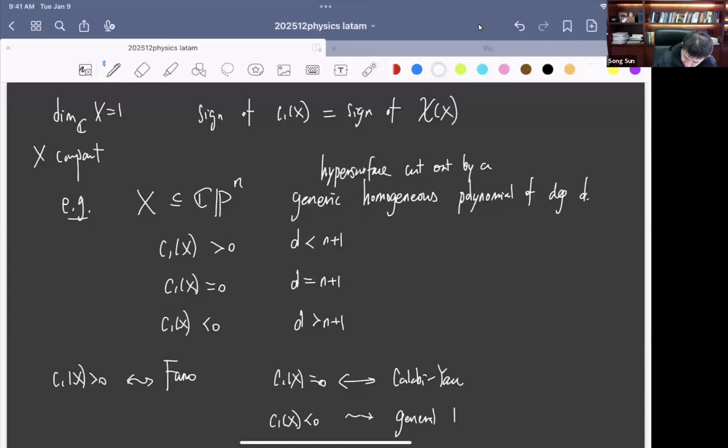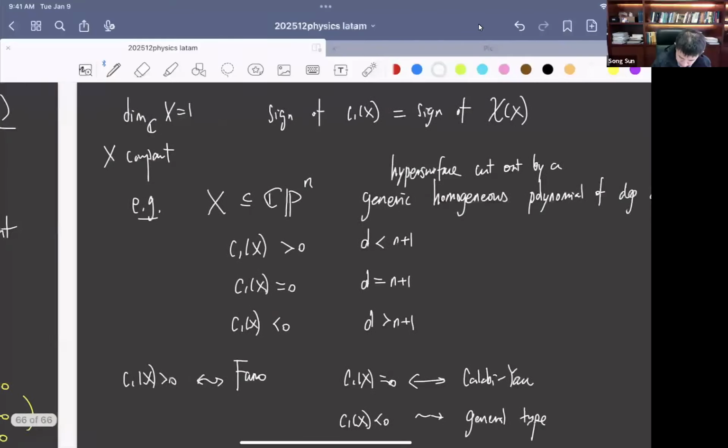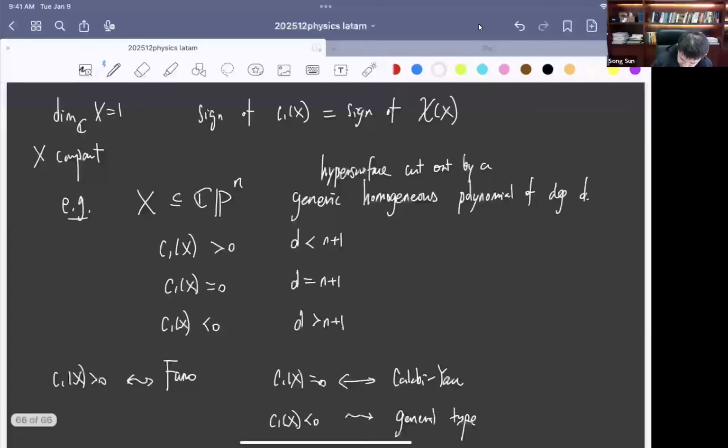It's a special case of general type manifold. Fano manifolds appear to be fewer than general type manifolds.